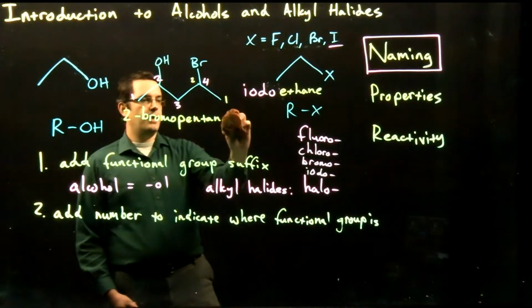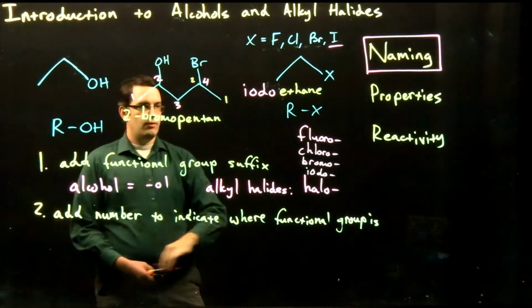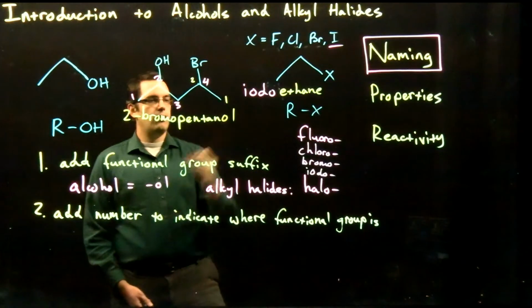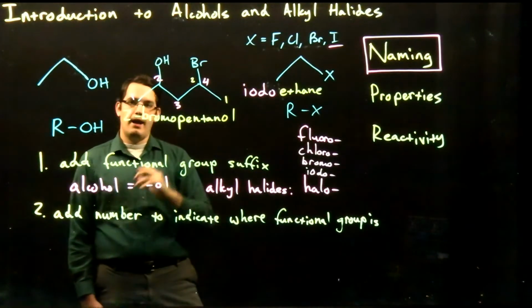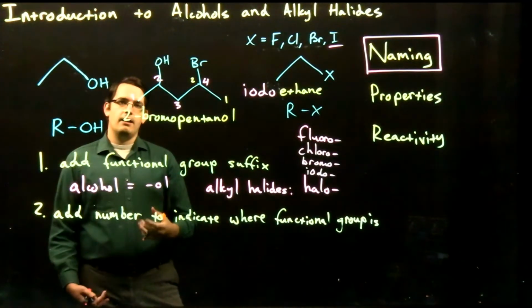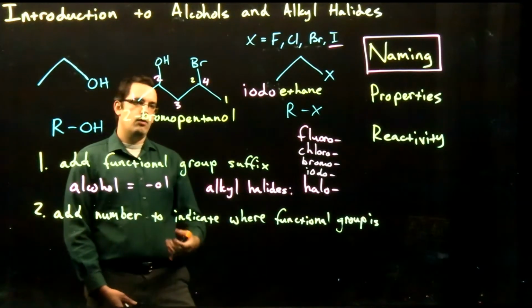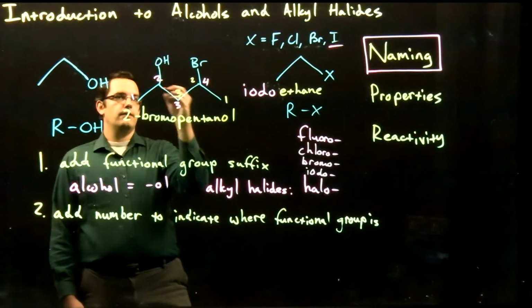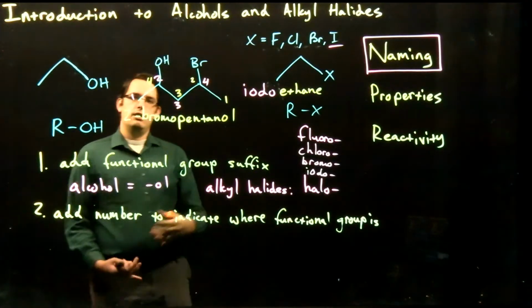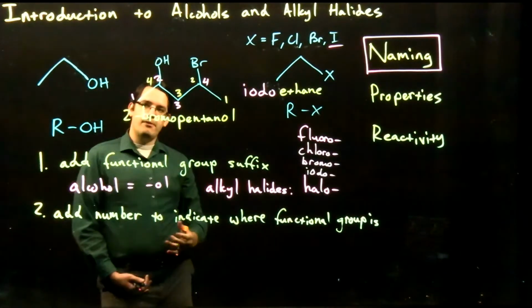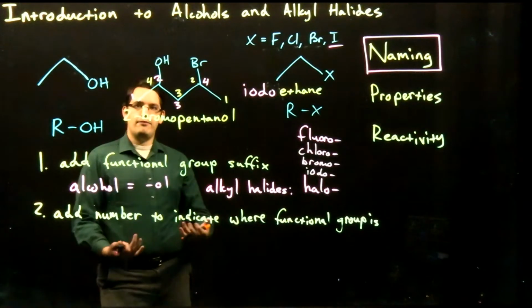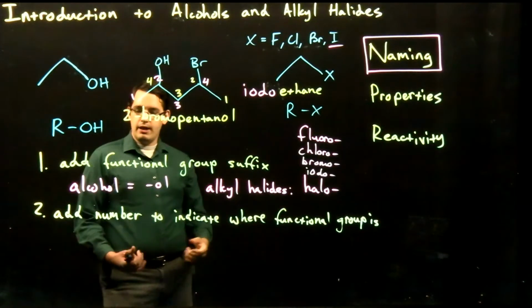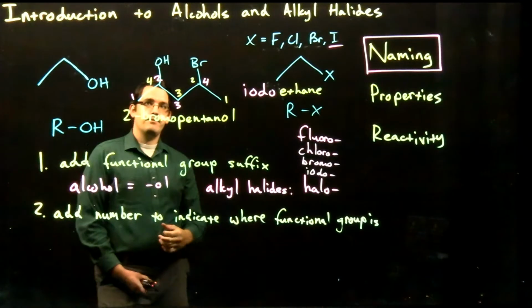So I'd replace my ending E here with my OL to tell me that I have that alcohol. Now I just need another number here to tell me where that alcohol is. So I already used the numbering system before of 2 for my bromine, so that would give me 4 for my alcohol. However, we're going to introduce a new rule here.